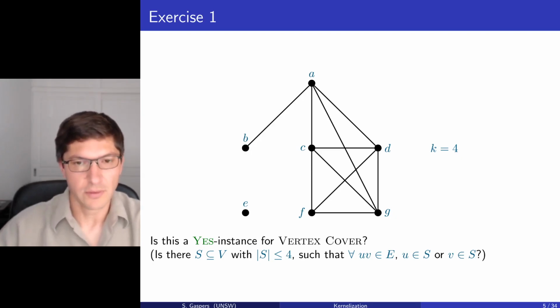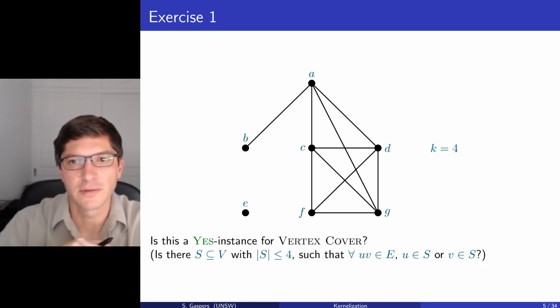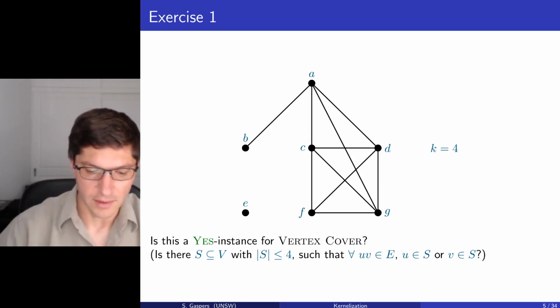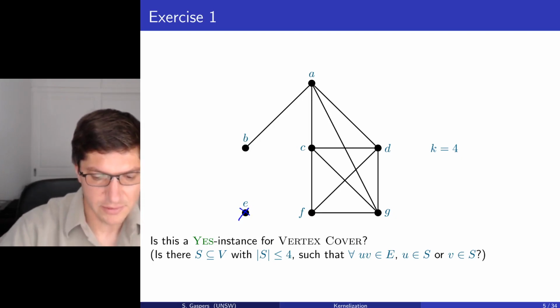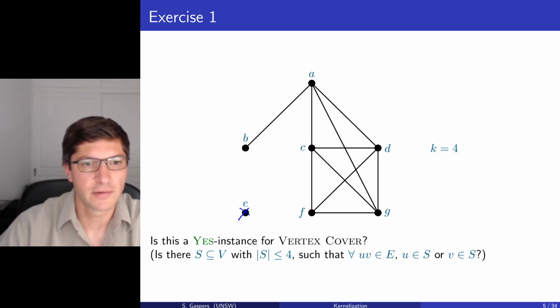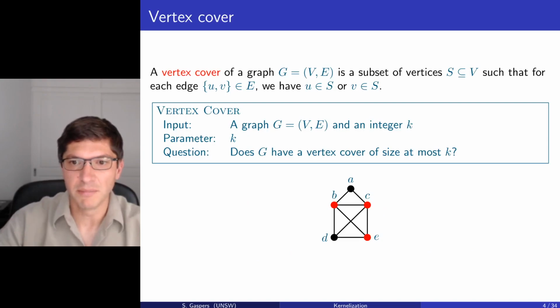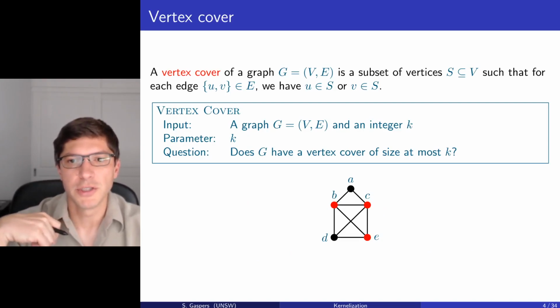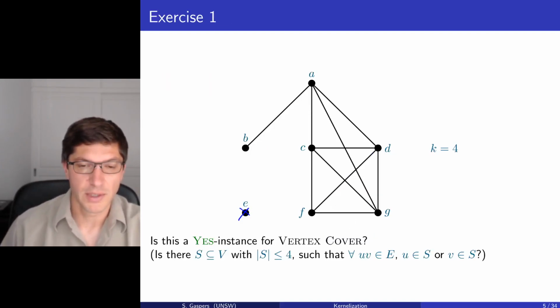Okay, so let's see how we could solve vertex cover for this instance. We have our graph here, and k is 4. I already observed that E doesn't cover any edges, so any vertex cover that contains E can be made into a vertex cover that doesn't contain E. And since we are looking at the minimization problem, so we want to check whether G has a vertex cover of size at most k, we can just remove E from the graph.